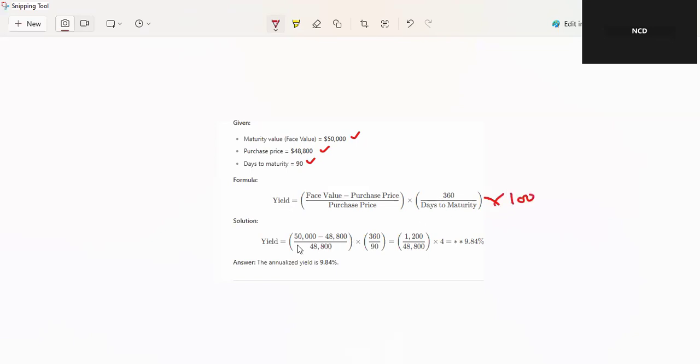So this is 50 minus 48 over 48 times 360 over 90 times 100. So we get 9.8%. Literally, these are the same questions that we've been doing, but in a different context. Are we together? Yes, we are.